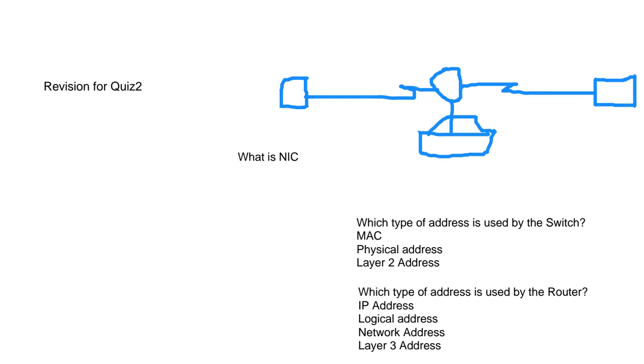Also, the difference between STP, UTP, fiber optic. Which one is more expensive, STP or UTP? STP. Which one provides the fastest speed, STP or UTP or fiber? Fiber. Which one is faster, fiber or Wi-Fi? Fiber.